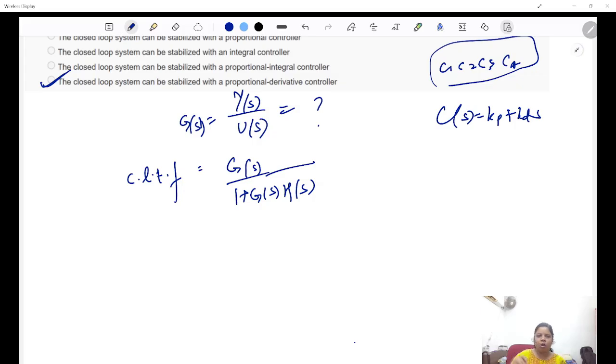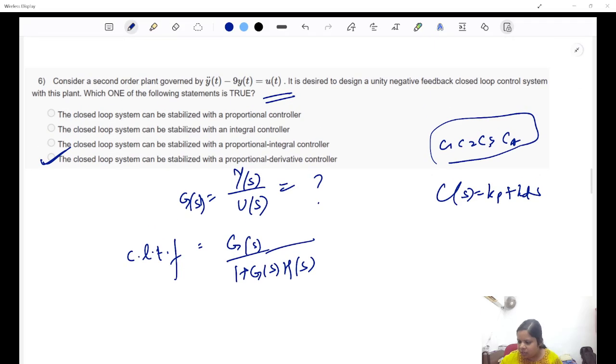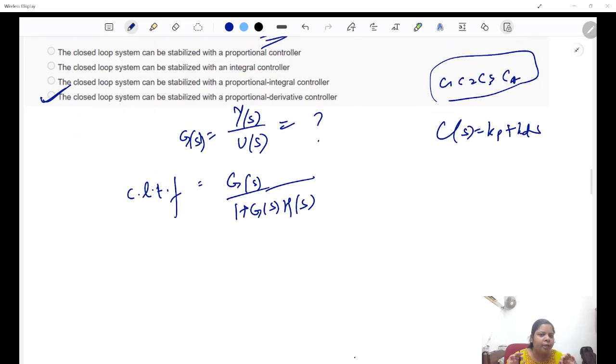We have to put all of them one by one, and then see the characteristic equation that we are getting. Since it is just a second order system, the characteristic equation is also going to be second order. Then does it satisfy the Hurwitz criteria? Are all the coefficients non-zero, and are all the coefficients of the same sign?